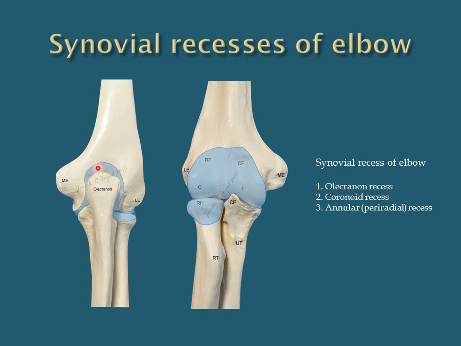And on the anterior aspect, you have proximally the coronoid recess, which occupies the area over the coronoid fossa and extends over the radial fossa. And the third recess is the annular recess, which surrounds the radial neck. And the fat pads lie between the synovial membrane and the fibrous capsule. They are intra-articular but extra-synovial.